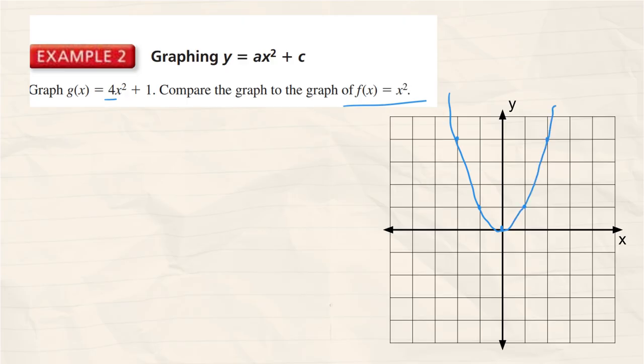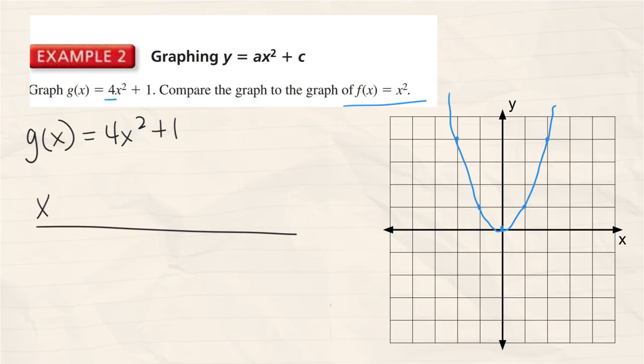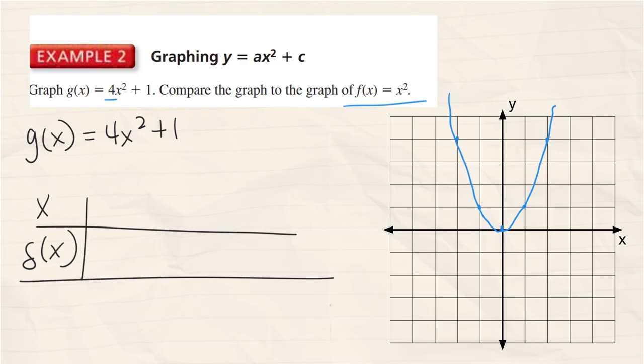Now in step 2, I'm going to create my table for g of x equals 4x squared plus 1. I'm going to use negative 1, 0, and positive 1.